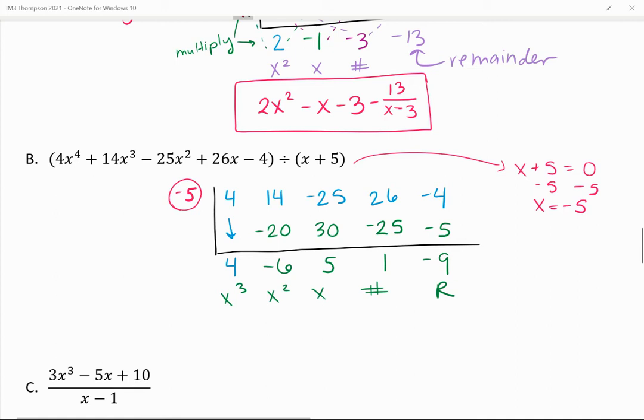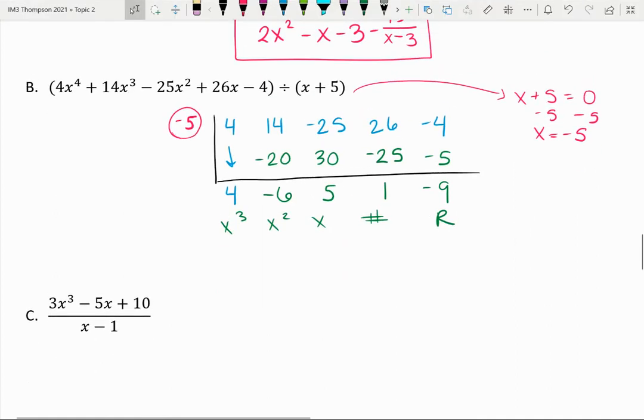Writing this is not necessary. I just think it's helpful. So then my whole polynomial is going to be 4x cubed minus 6x squared plus 5x plus 1 minus 9 divided by x plus 5.